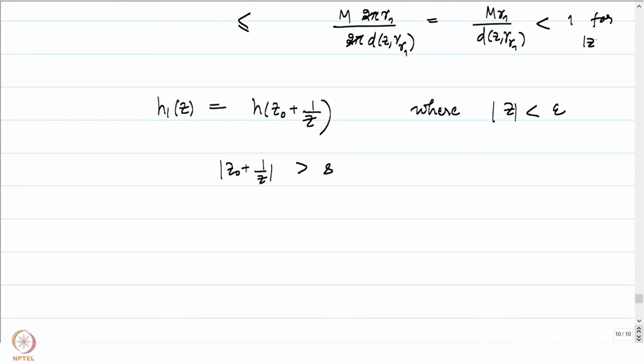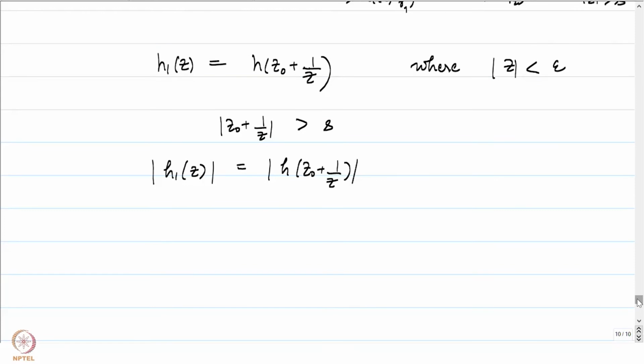This can always be arranged. So suppose this is greater than s; then the absolute value of h1 of z is equal to the absolute value of h of z0 plus 1 by z, which has been arranged to be less than or equal to 1. And that tells us that h1, because it is locally bounded, has a removable singularity.